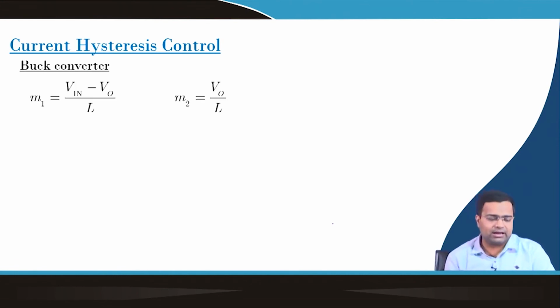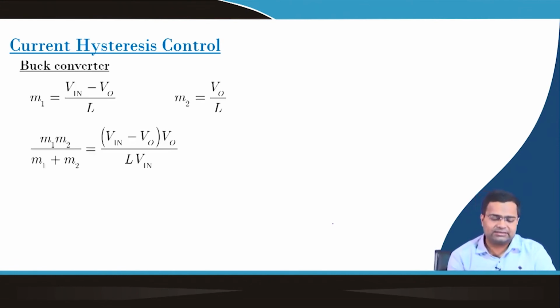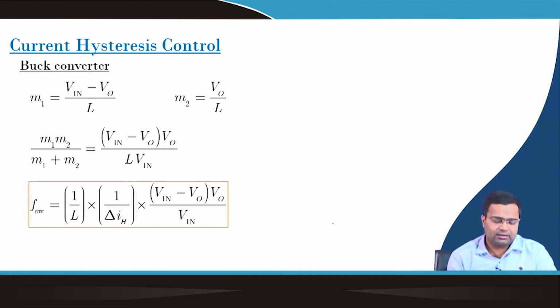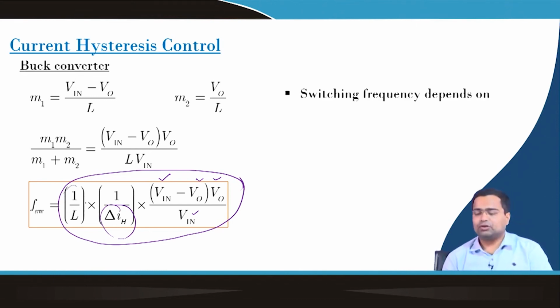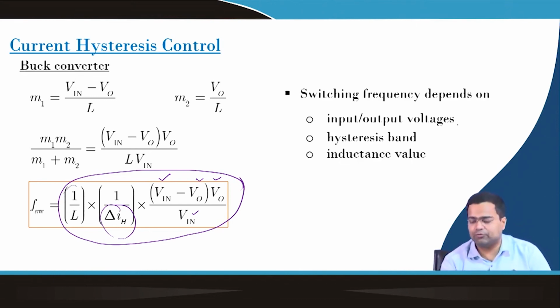And for a buck converter, if we replace the rising slope and falling slope, then the switching frequency can be shown to be a function of the current hysteresis band, input voltage, output voltage, as well as the inductance value. So, switching frequency depends on input and output voltages, hysteresis band and inductance value.